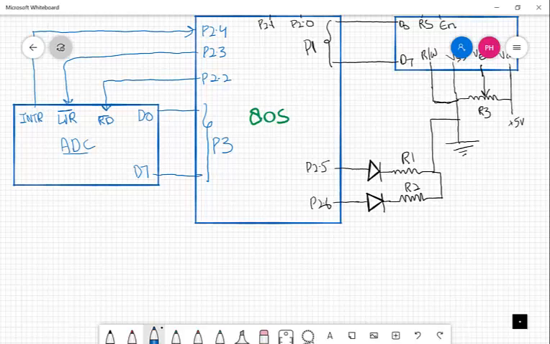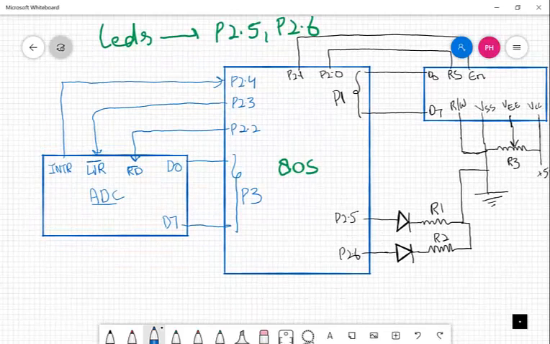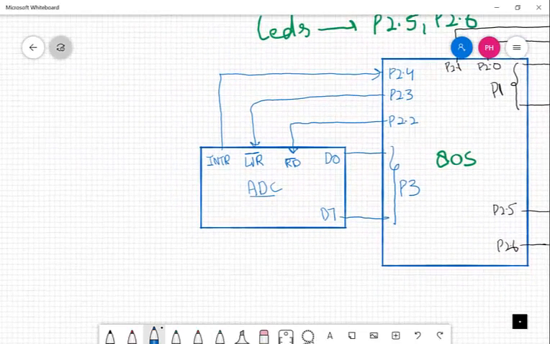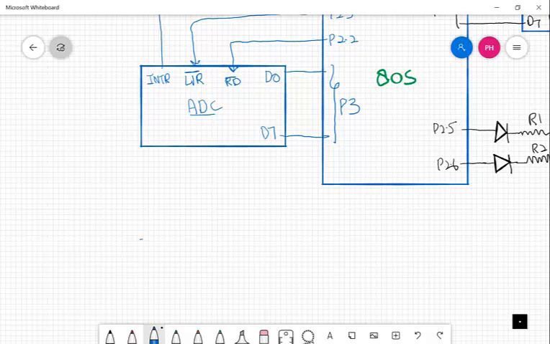That leaves us with the circuitry of the thermistor only, and some more pins of the ADC. Let me try to make the circuit of the thermistor here. We have a fixed resistor, I will call it R4, equal to 9 kilo ohms.